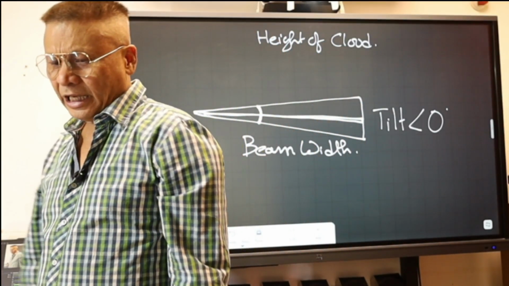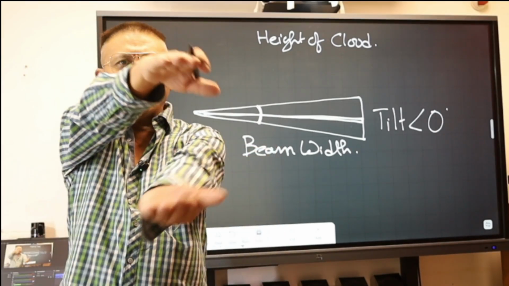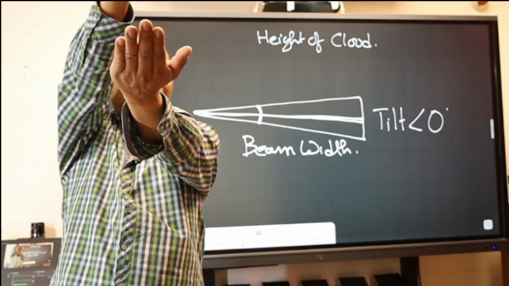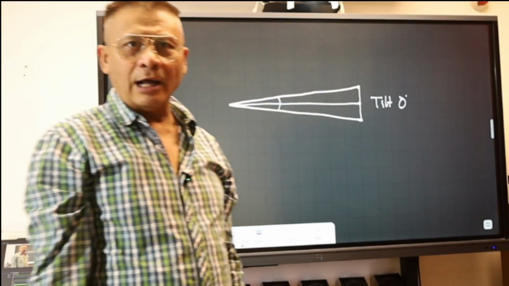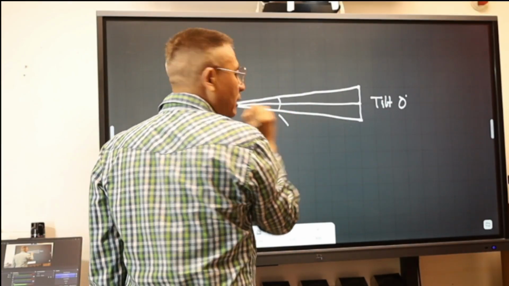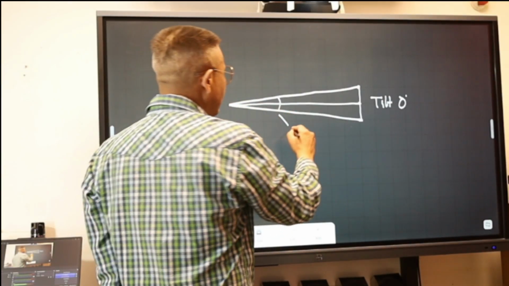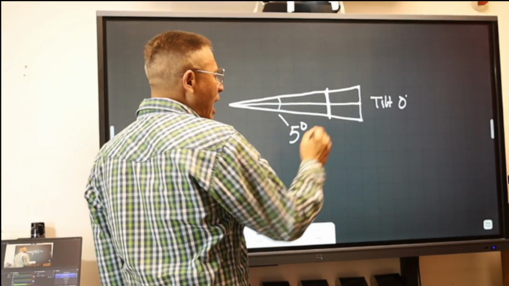If I see some cloud above me, obviously I can tilt it up. If I see some cloud below me, I can tilt it down. Normally on a weather radar, this beam width depends upon the company which manufactures it, but generally it is about 5 degrees.